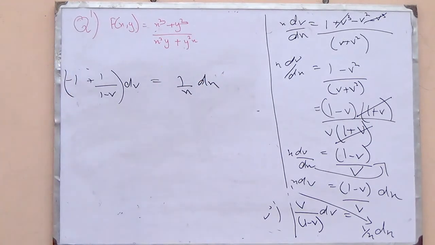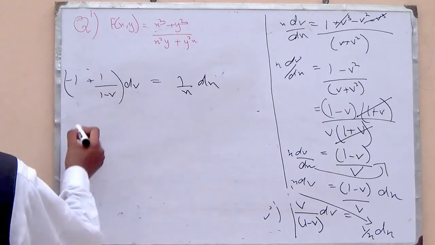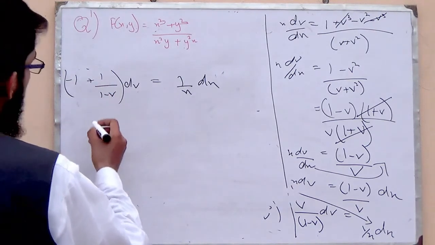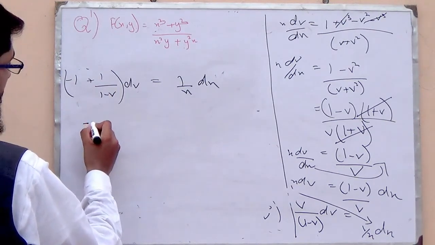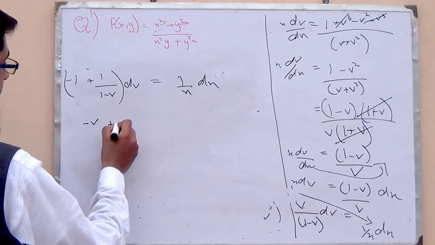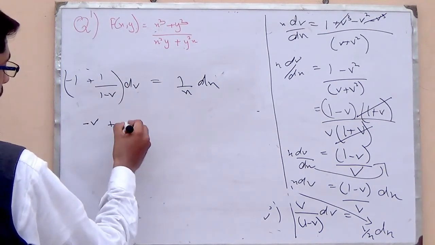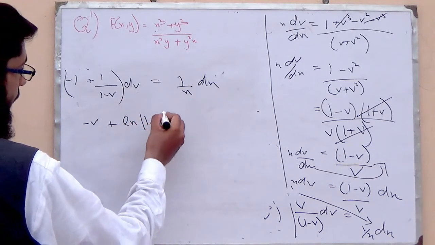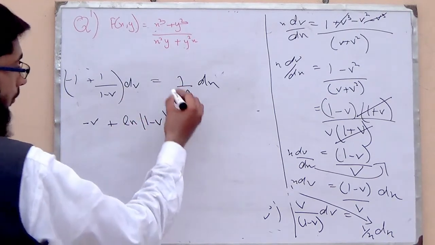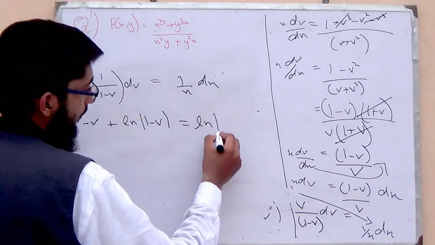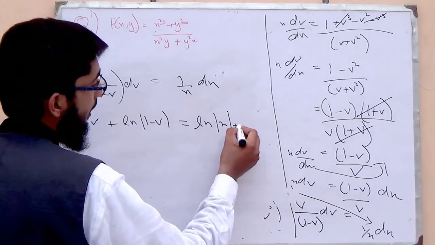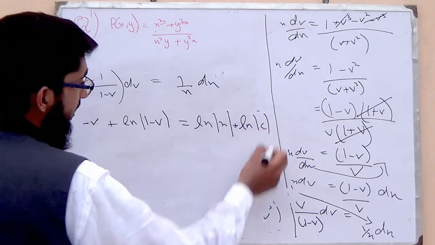And now we can do the integration part here, as minus v dv will be equal to minus v plus, this will be equal to ln of minus 1 by v, and here we will get ln x and write a constant portion by this.